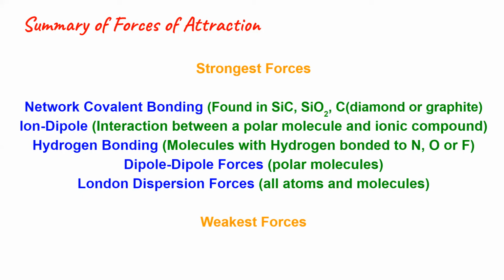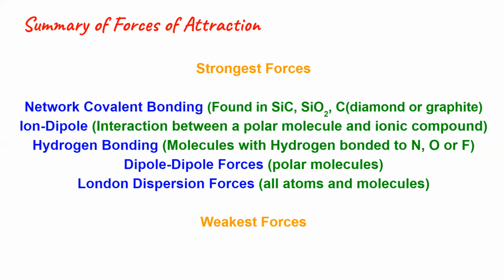The next strongest force are ion-dipole attractions, and those are the interactions that occur between polar molecules like water and ionic compounds like sodium chloride. Again, very strong forces of attraction. The next type, now we're talking about intermolecular forces of attraction, is hydrogen bonding.